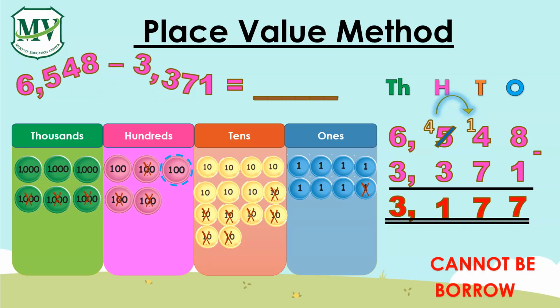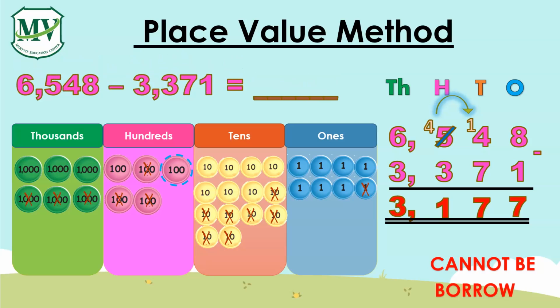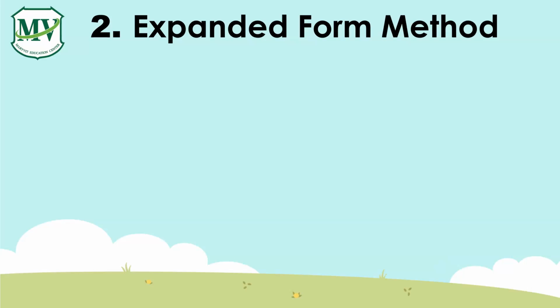That means 6,548 minus 3,371 is equal to 3,177.